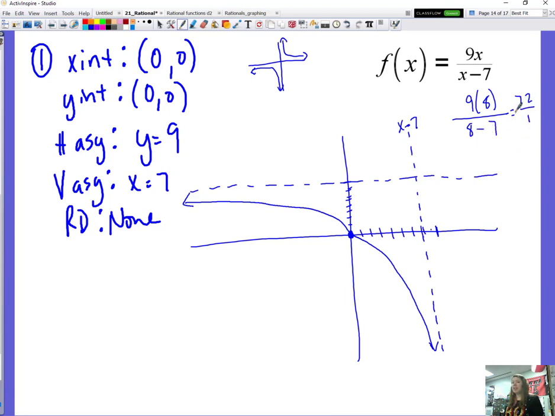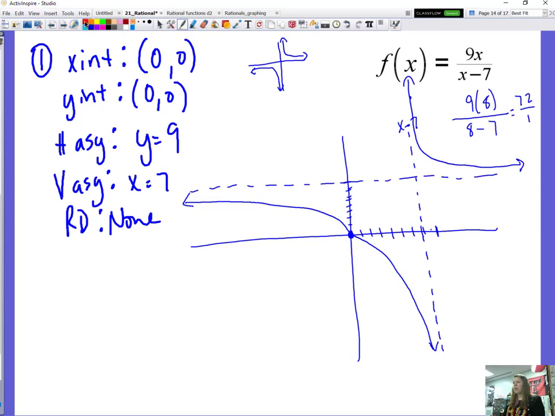So 72 is a very large number. It's bigger than 9, so we know that this point is going to be somewhere way up here. So these asymptotes kind of keep that graph within that. So you're not going to leave those asymptotes. So we can just assume that this graph is going to stay in this section of my graph.